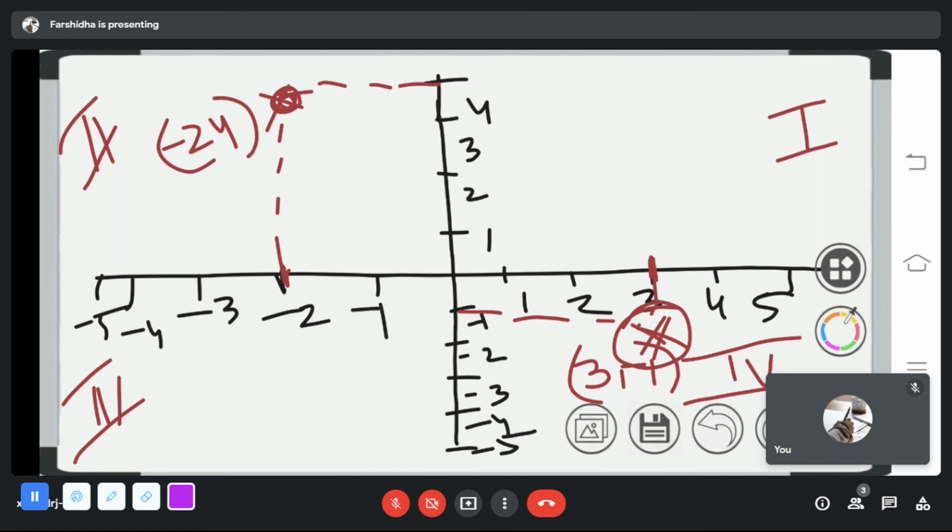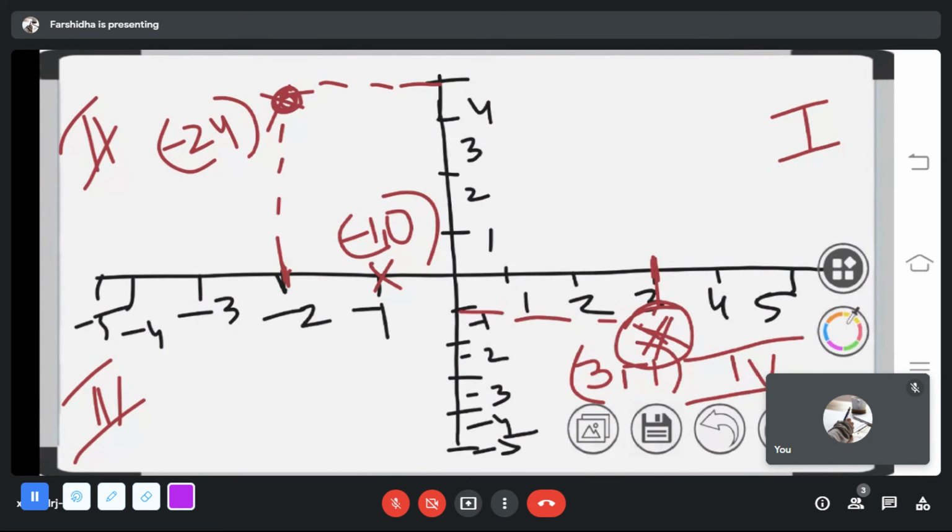Same way you can do other points. (-1, 0): -1 on the x-axis, 0 on the y-axis. Tell me which quadrant?